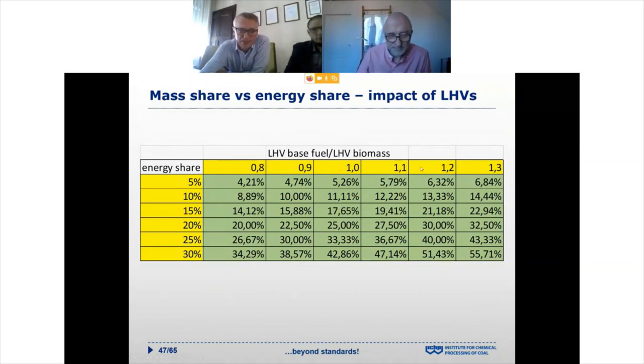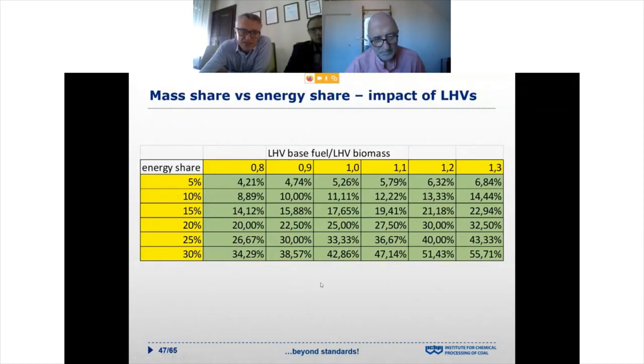Of course, it depends how much better your coal is than the biomass in terms of LHV. Here you have 10% more, coal to biomass. Here you have 20, and the corresponding values are presented here.